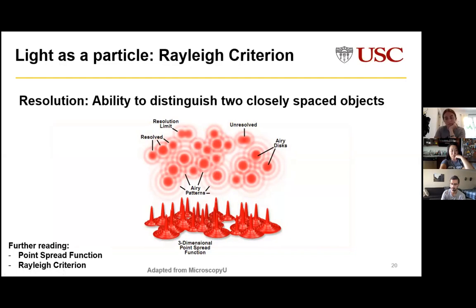I'm throwing these terms out there, and if you haven't taken physics before and you're interested in this, I would highly recommend that you go ahead and Google that and learn a little bit more about it, because there are a lot of microscopy resources out there. But we'll go ahead and continue just based on this information.